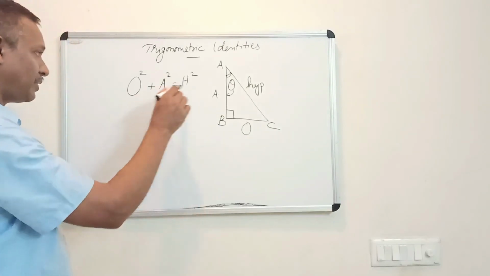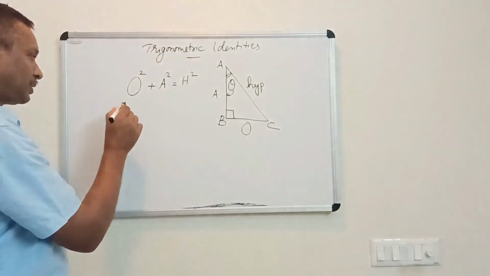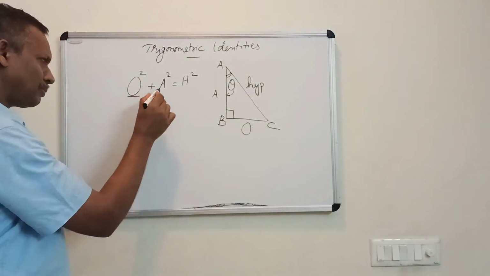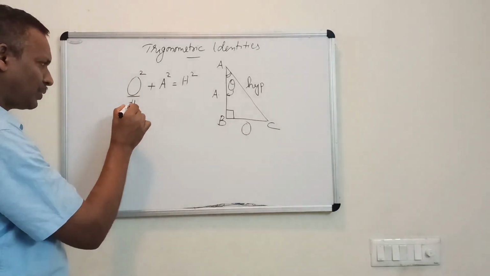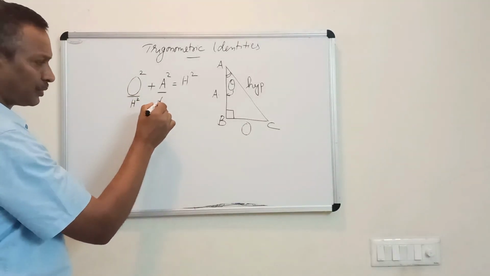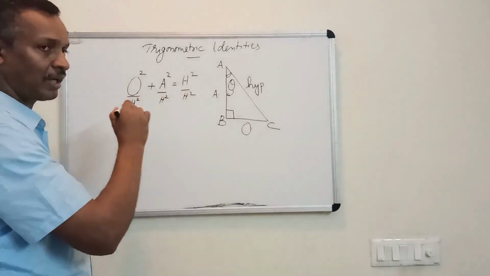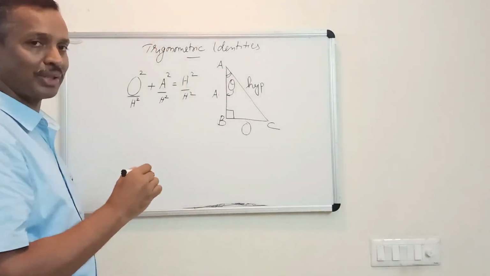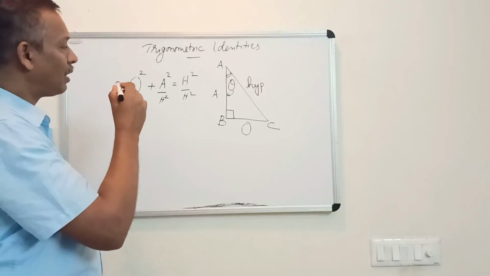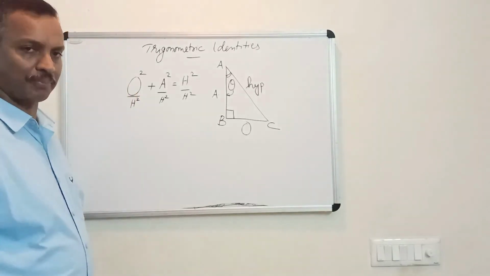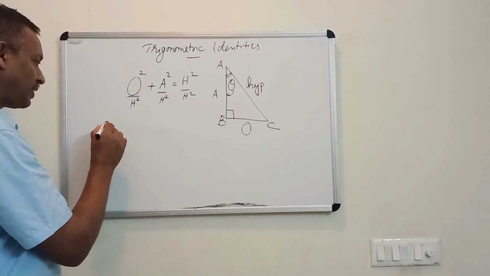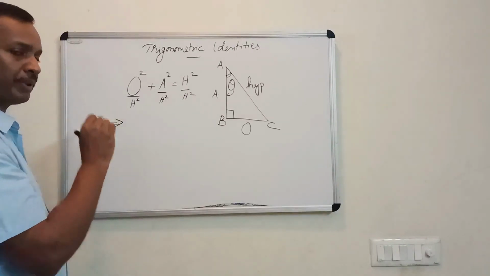So you can divide this Pythagoras theorem throughout by hypotenuse, or you can divide throughout by adjacent, or you can divide throughout by opposite, any one at a time. First, I try to divide it with hypotenuse.